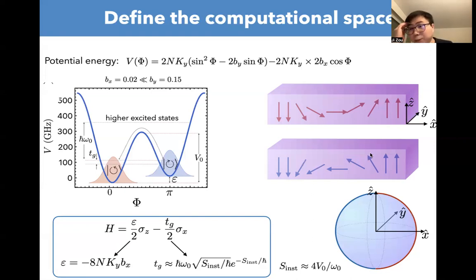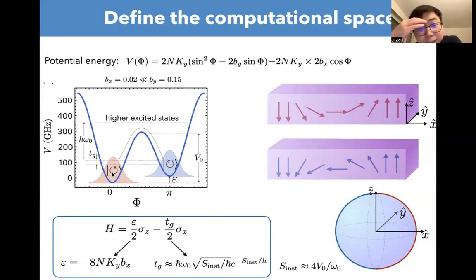Therefore, Bx, generally speaking, would give us a detuning between the positive chirality state and the negative chirality state. In terms of potential energy, because of this finite Bx, we would have a lower energy for the positive chirality state, right?